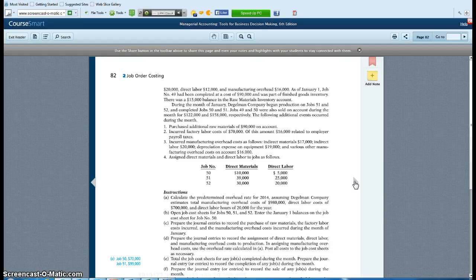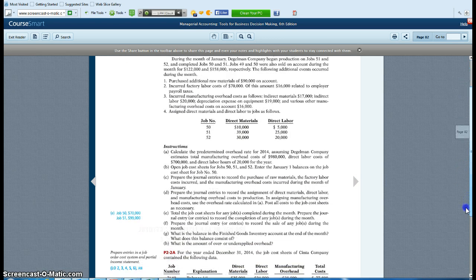And then it tells us the direct materials and direct labor as they got assigned to various jobs. Wow! Lots of information, but do not be overwhelmed. They're giving you a lot of information, but remember, we're going to break it down one piece at a time. So hang in there with me.